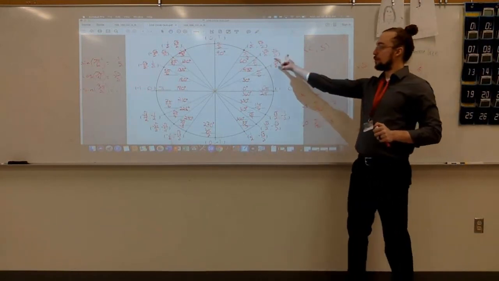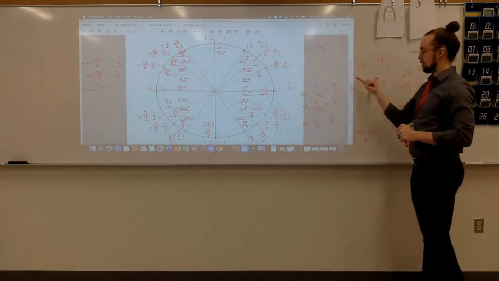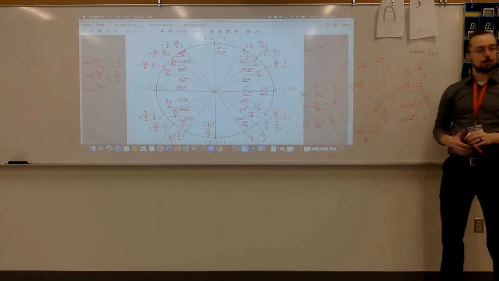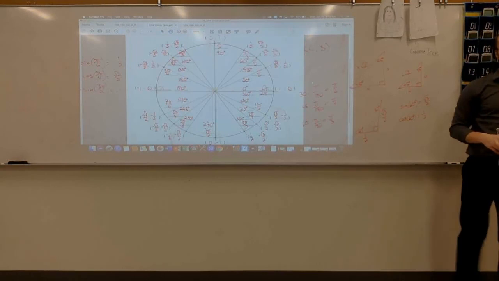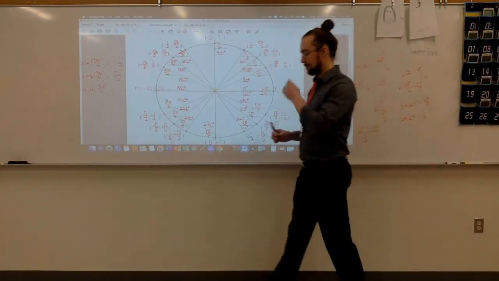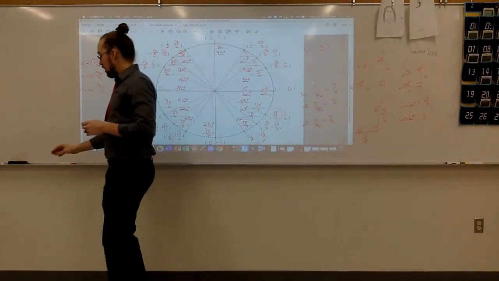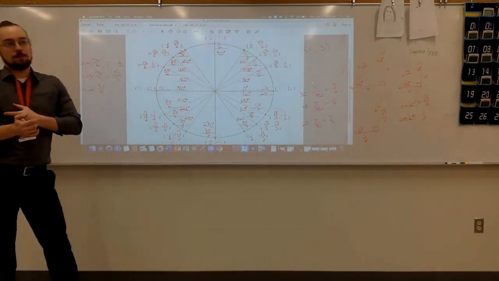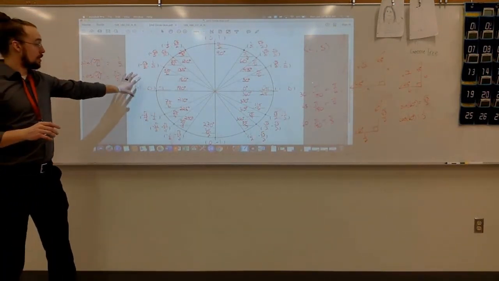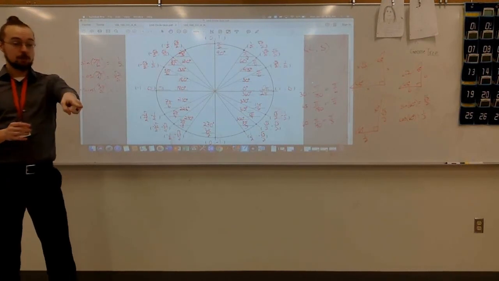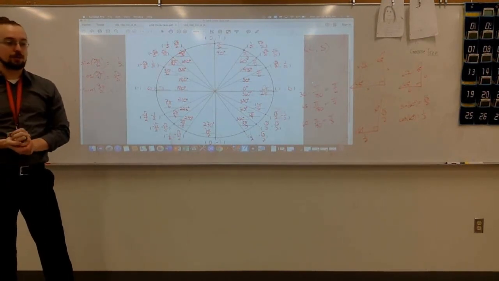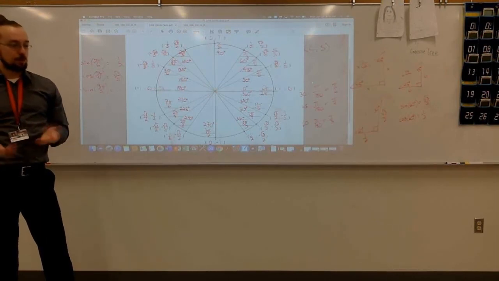Well, if you know the values, you should be able to regurgitate the triangles too. I guess, it's not going to be on the test though. This part will literally be that sheet of paper, and you just fill in the values. But that'll just be the first part of the quiz.